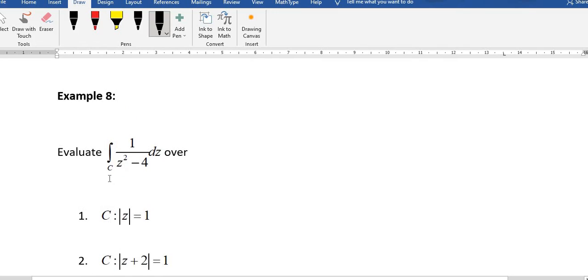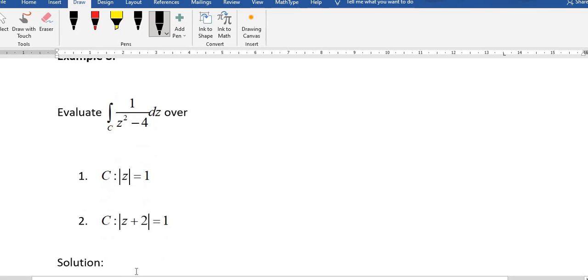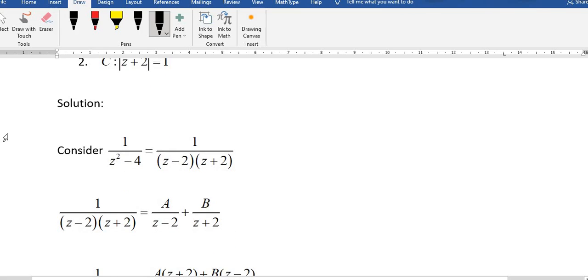Evaluate the integration over C of 1 by z square minus 4 dz over the first contour mod z equal to 1, and the second contour mod z plus 2 equal to 1. So consider 1 by z square minus 4 as the integrand. Now I am going to do partial fractions.